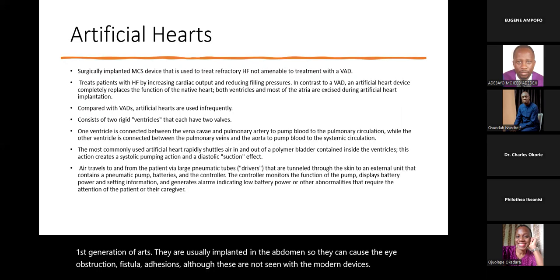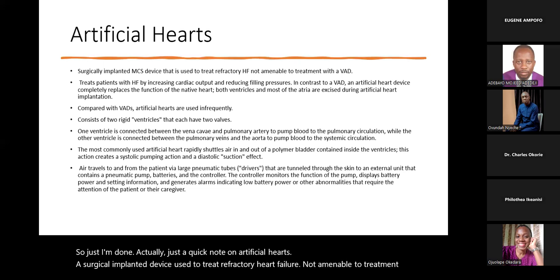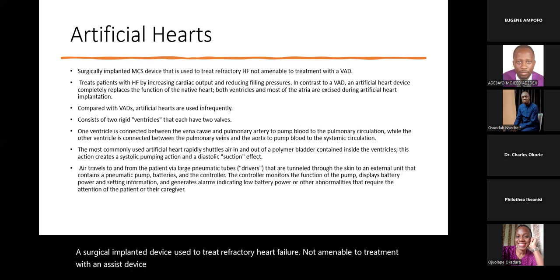So I'm done actually. Just a quick note on artificial hearts. It's a surgically implanted device used to treat refractory heart failure not amenable to treatment with an assist device. So it increases cardiac output and reduces filling pressure. In contrast to an LVAD, it completely replaces the function of the native heart.